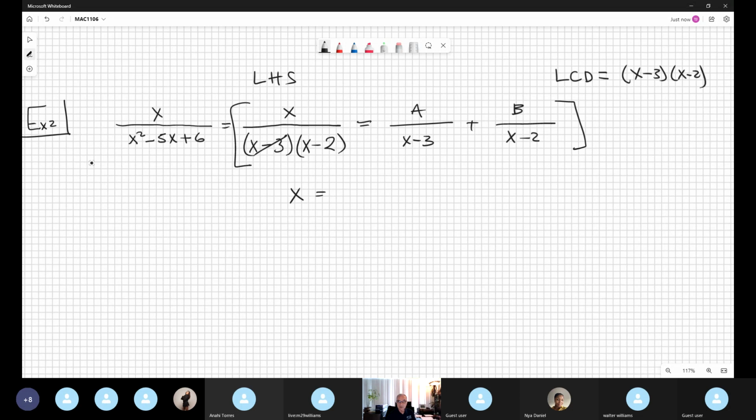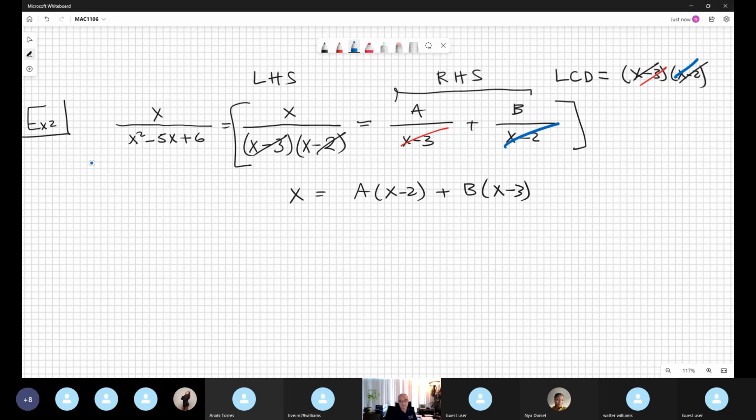Because this and this cancel, and this cancels, no? Stay alive only x, the part in the numerator. However, on the right-hand side, one is different. It is a times x minus 2 plus b times x minus 3. This cancels out with this, and this cancels out with this.